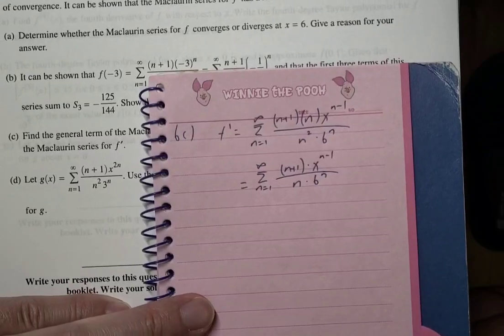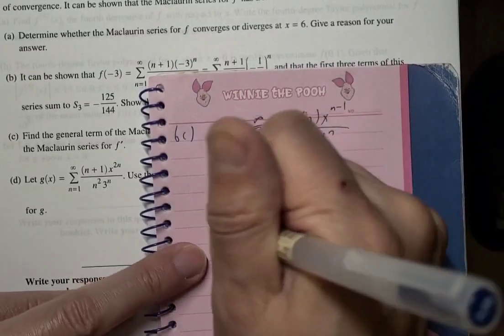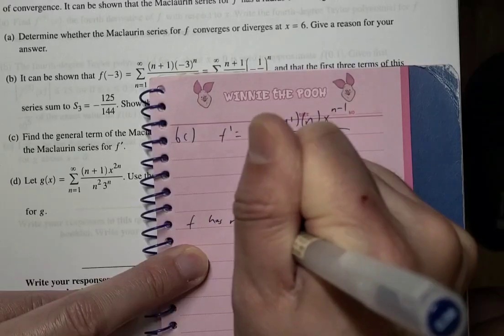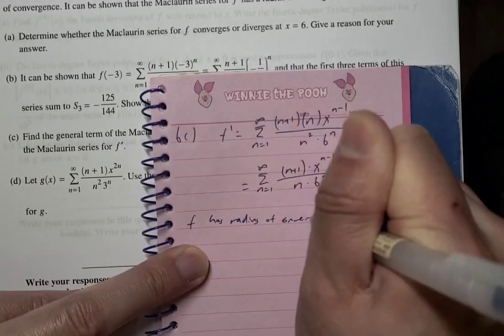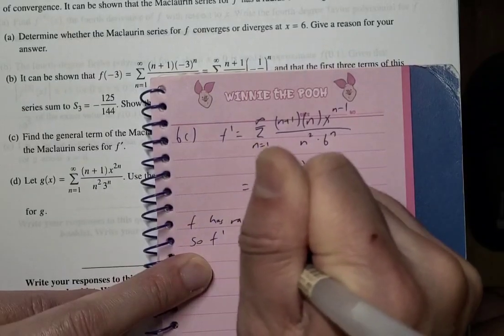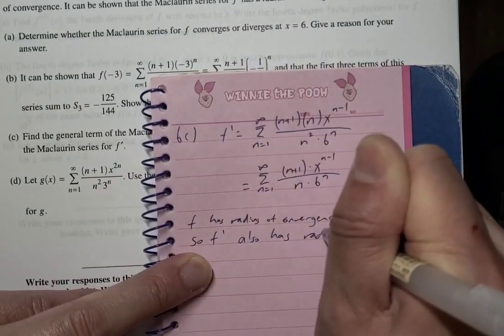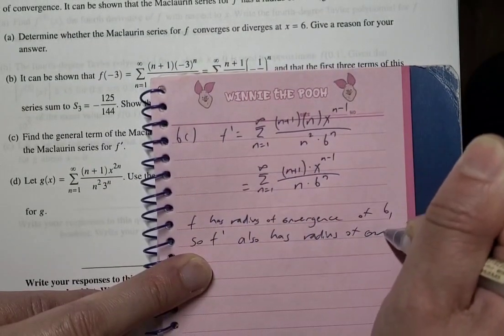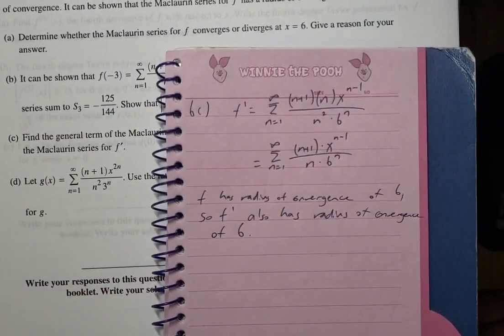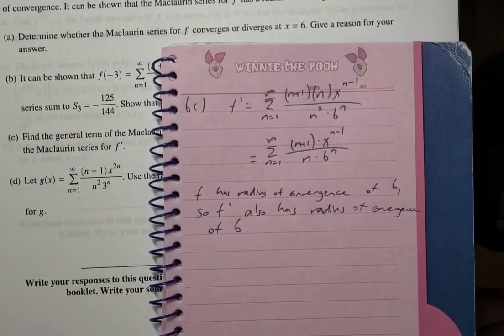The interval of convergence could change, but the radius of convergence does not change. F has radius of convergence of 6, so F prime also has radius of convergence of 6. That's all you need to say probably. Okay, let's see the scoring guidelines.